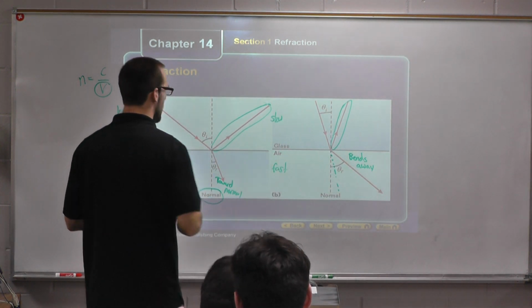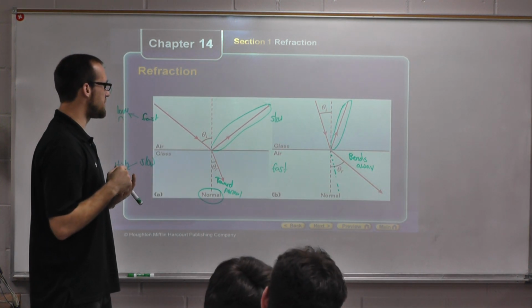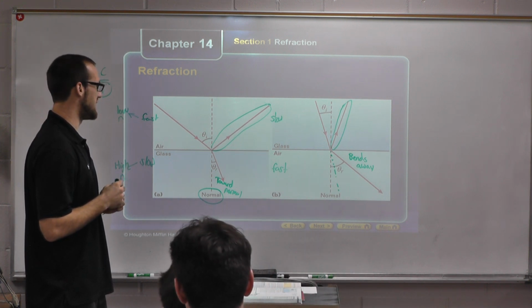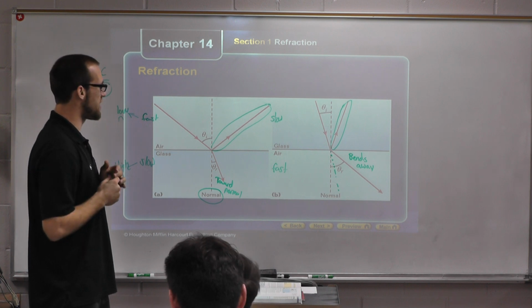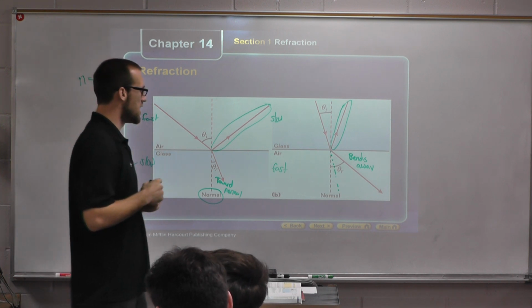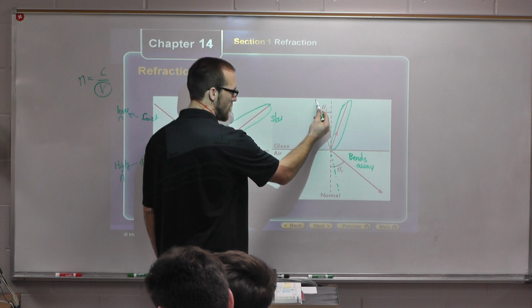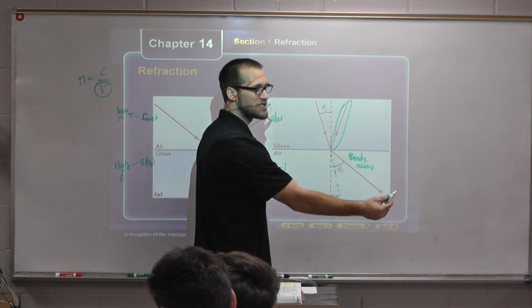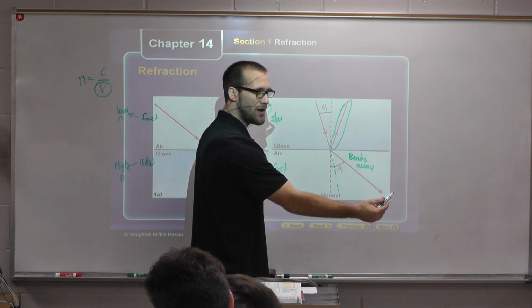Now, here's how I like to think about it. You can tell me whether you think this makes any logical sense. This just helps me figure out if it bends away or towards. If I go from slow to fast, I think I'm going slow and then speeding up. It's kind of stupid, but that's how I'm thinking.